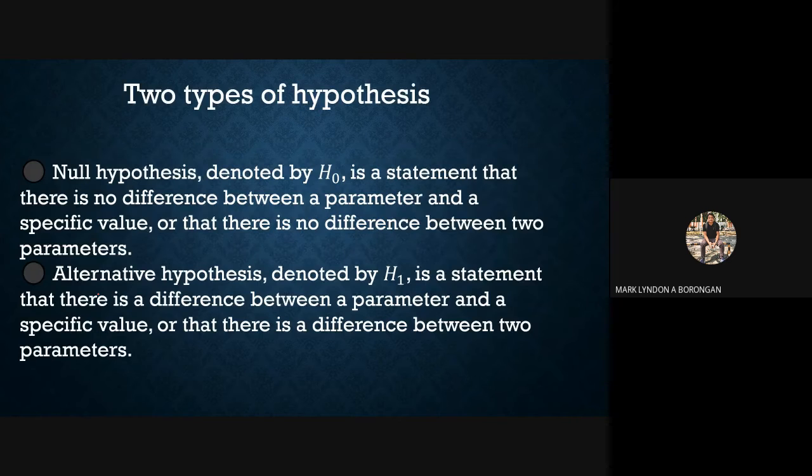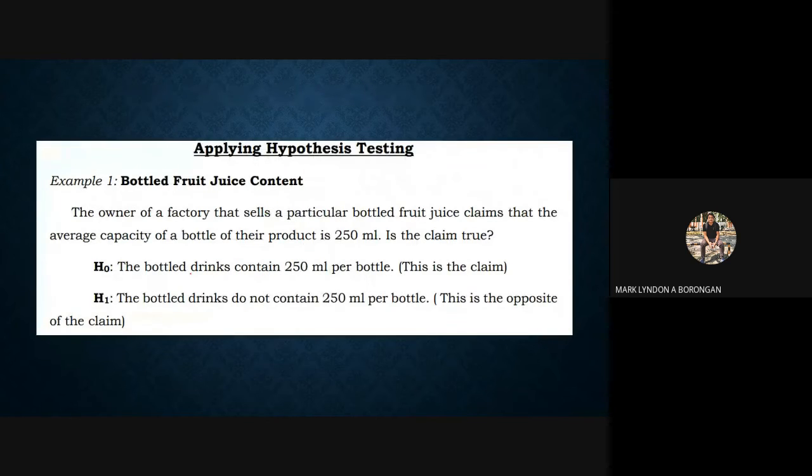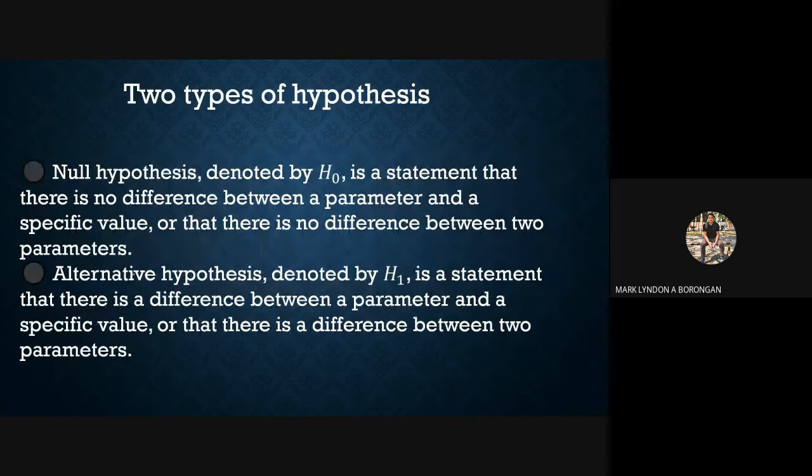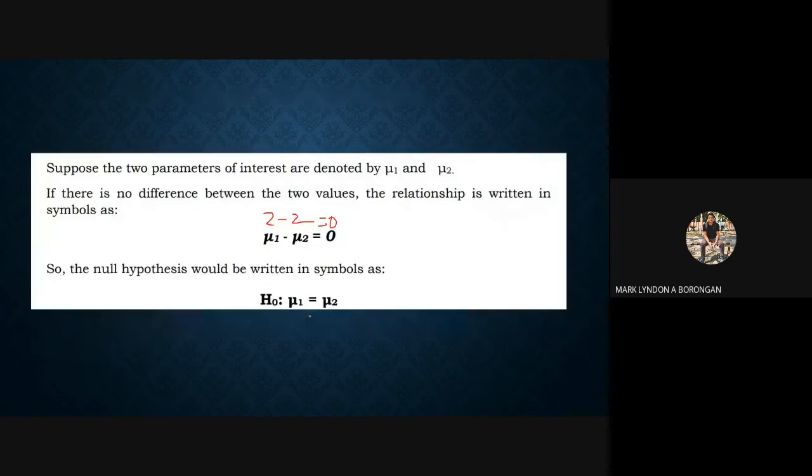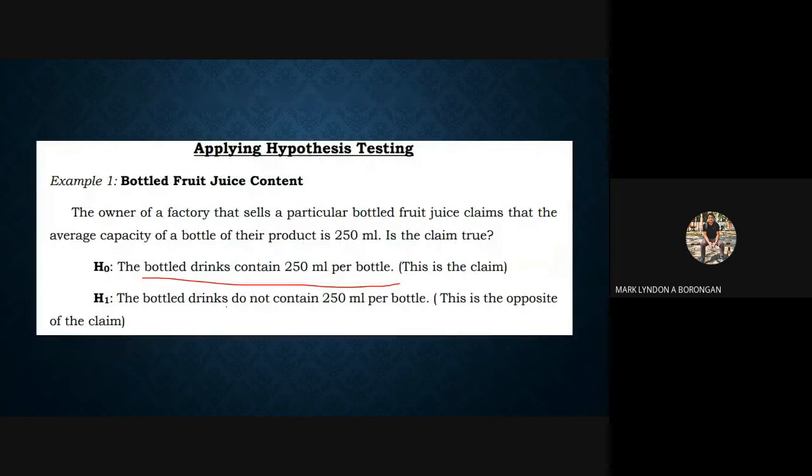So from here, ang null hypothesis, there's no difference. So wala siya difference. Okay? But sa atong alternative hypothesis, as you can see, there is a difference. So if na siya difference, that would mean nga it does not contain 250 ml, no?